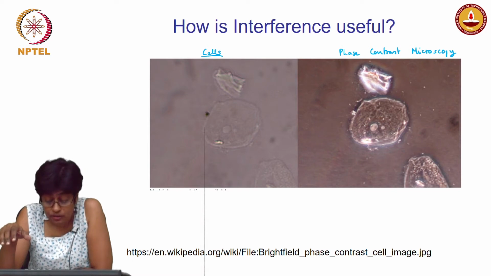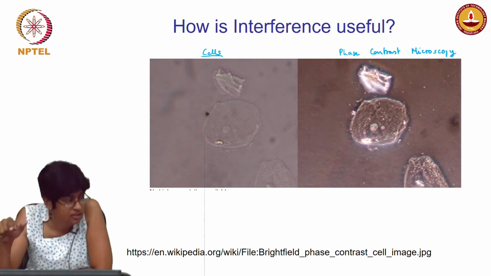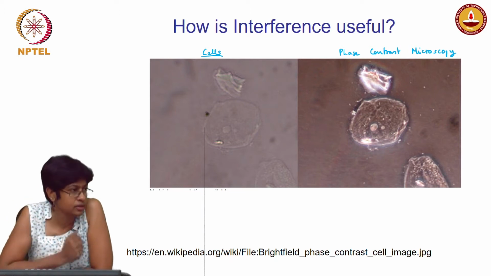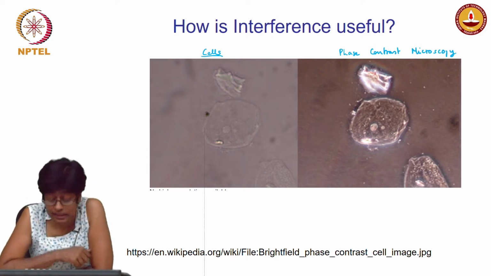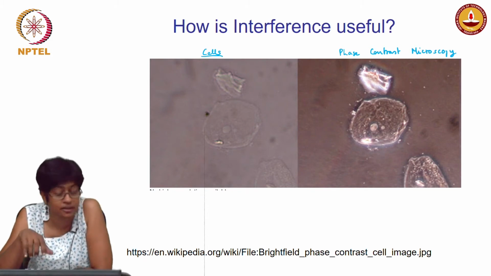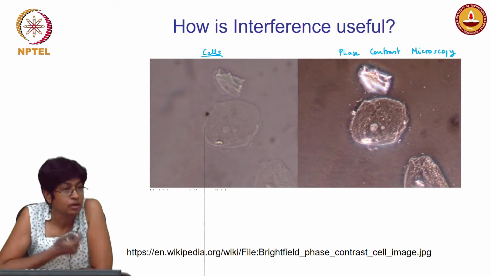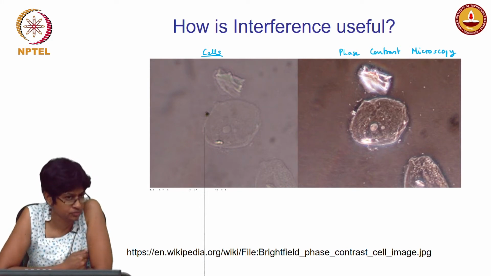Okay? So, the image on the right then is this enhanced image. You have taken whatever small phase differences are there and used interference to enhance those phase differences, and you can see the effect of doing so. And suddenly it becomes much clearer, and there's much more detail. And of course, it's obvious that the phase contrast image is going to be a much more useful image for you to extract information out of. Okay? So this is just one example of where you could use interference.